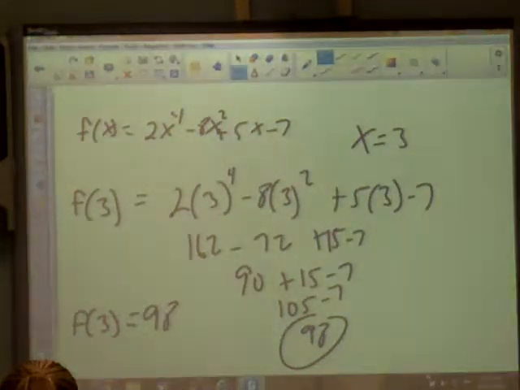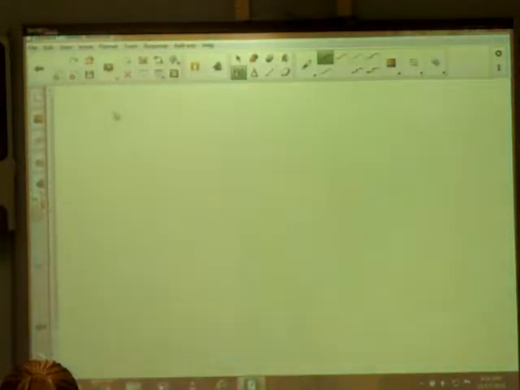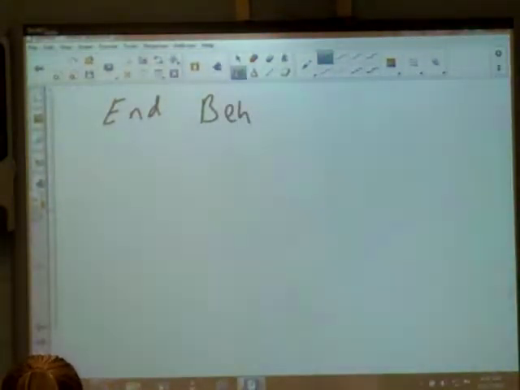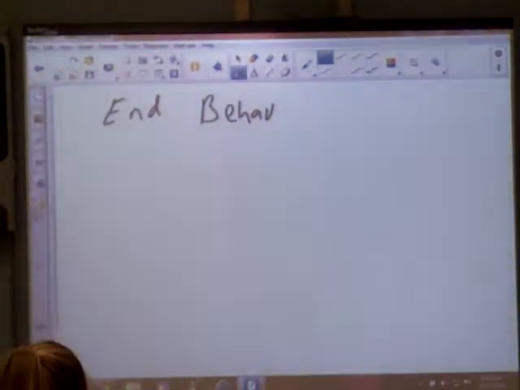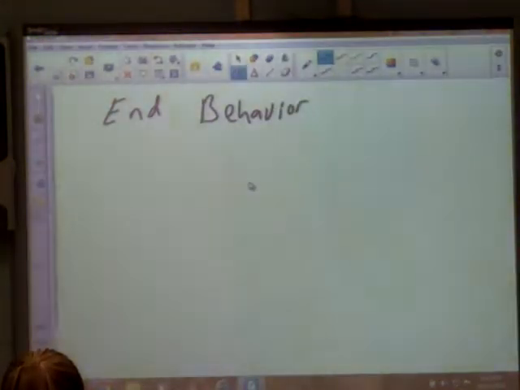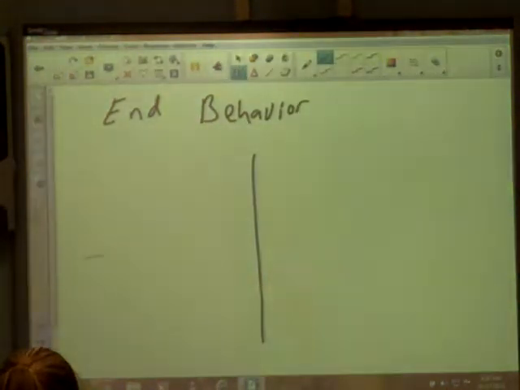Now we need to make a little chart here about end behavior of polynomial functions. We're going to have 4 pieces on it, so set it up however you want.